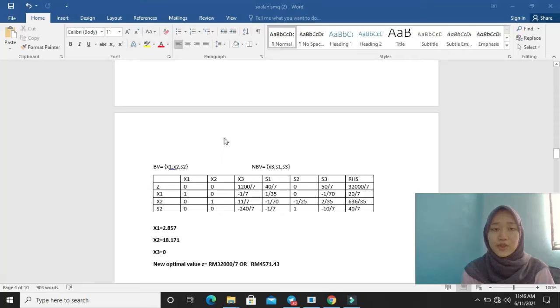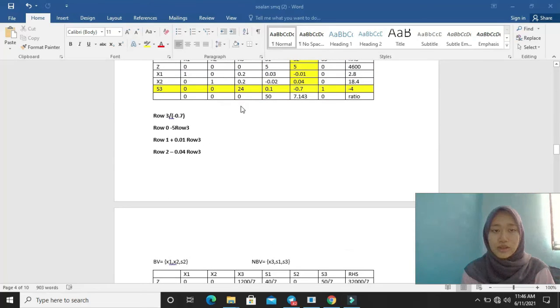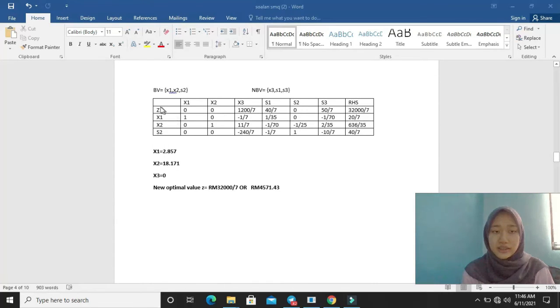After we perform the row operations, we obtain that the value of z is 32,000 over 7, x1 is 20 over 7, x2 is 636 over 35, and s2 is 40 over 7.